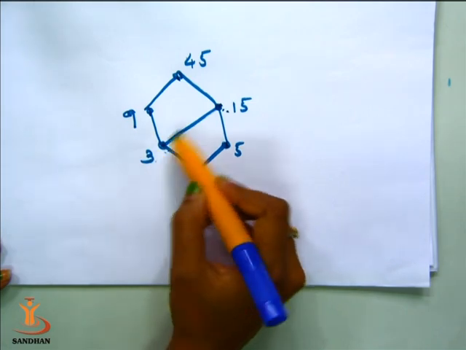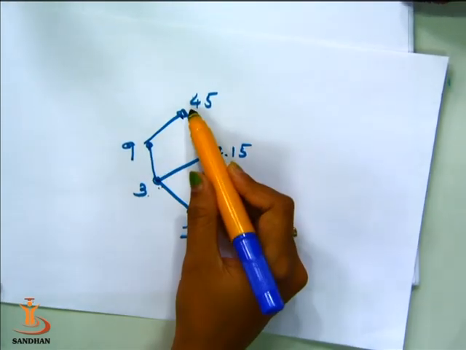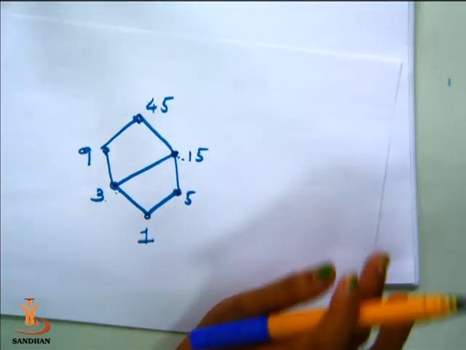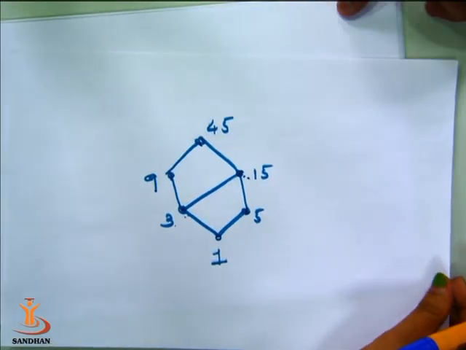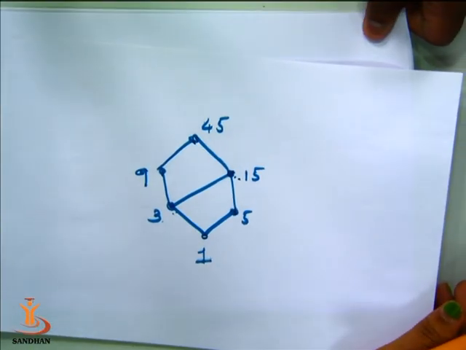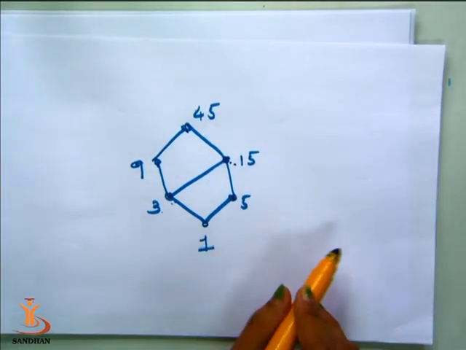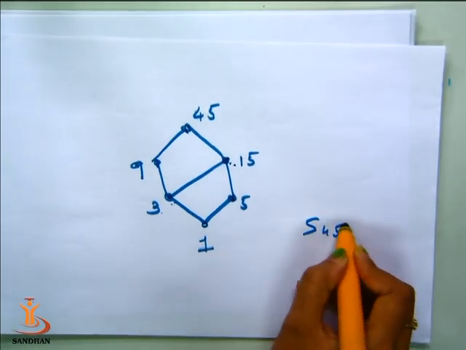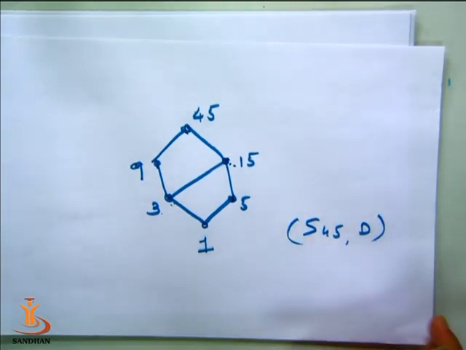Then 3 divides 9 and 15. 5 divides 15. And 9 divides 45 and 15 divides 45. So this is the Hasse diagram of S45 with the relation divisibility.